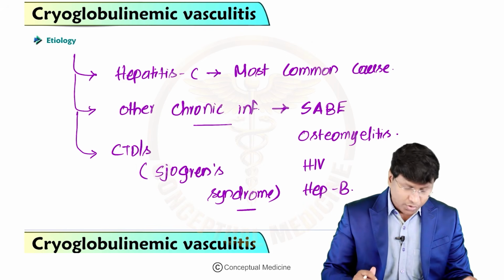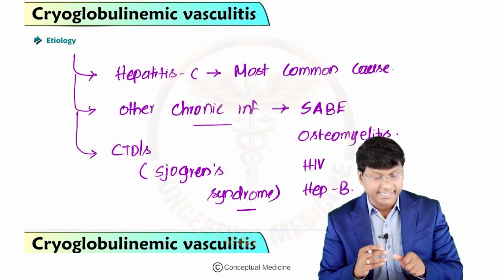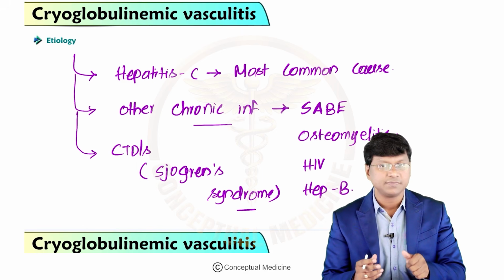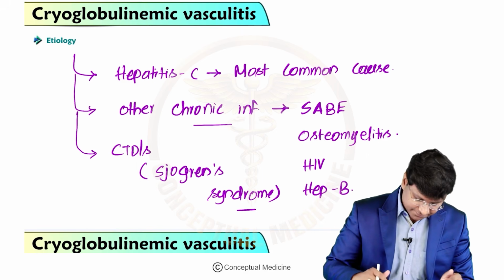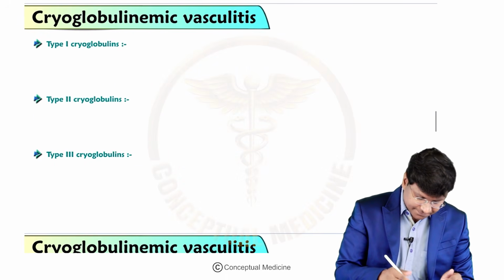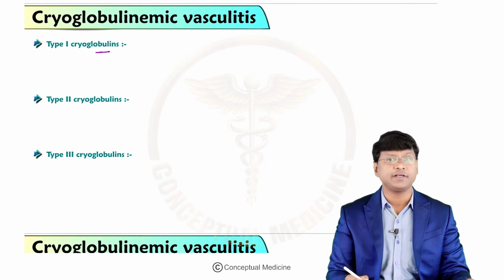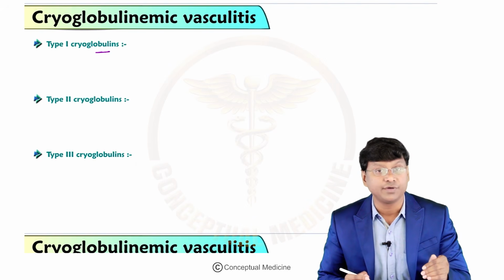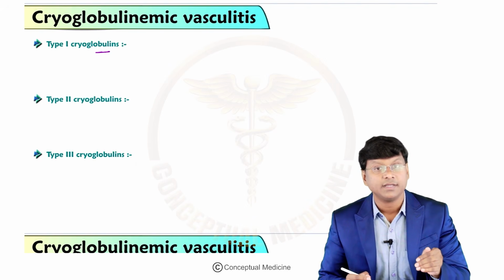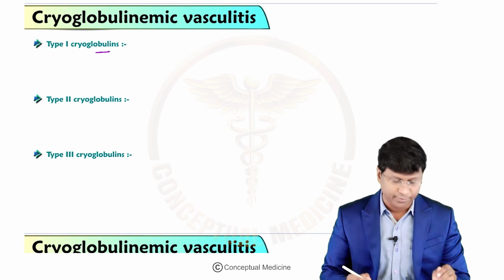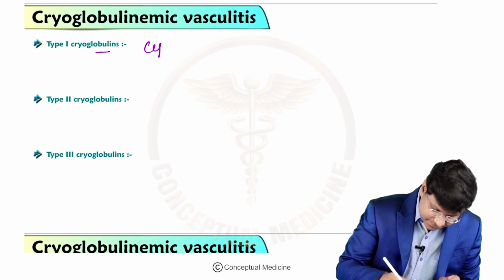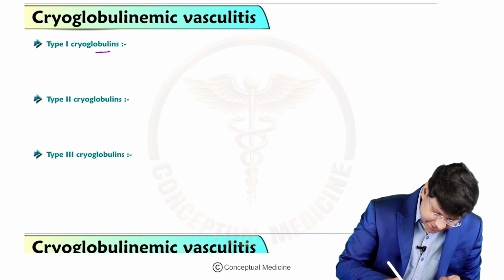Some of the cryoglobulins are monoclonal proteins and some of them are polyclonal proteins. Let me tell you. Type 1 cryoglobulins are cryoprecipitable monoclonal proteins.